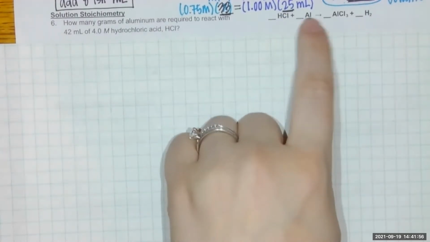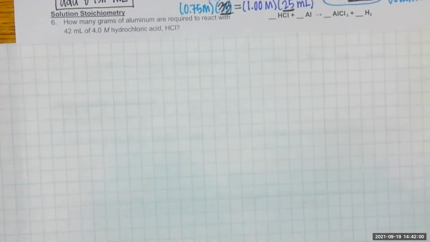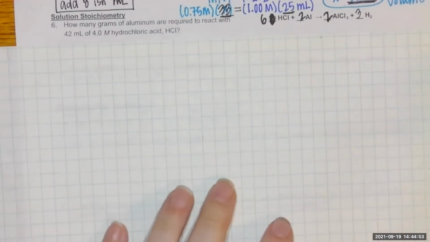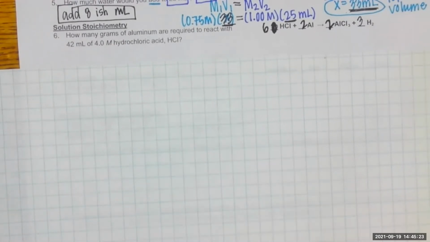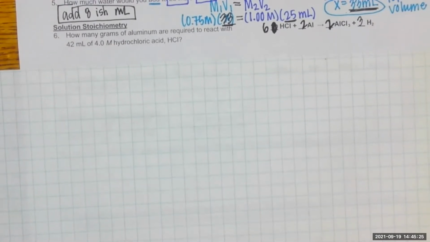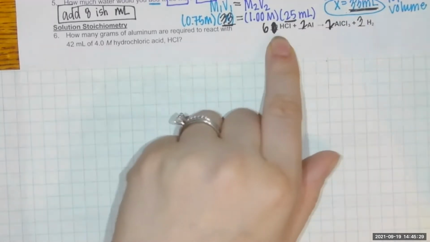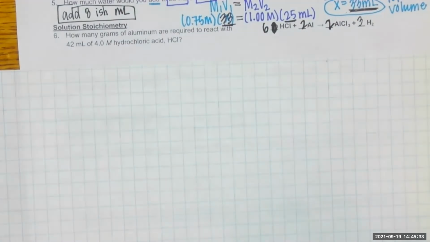Try not to peek as I'm doing it as well. Balance this and see how far you can get on number 6. Okay, so 6, 2, 2, 3, that works.